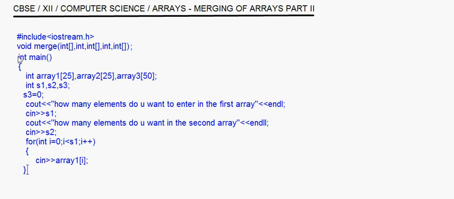And now another for loop, for int j is equal to 0, j less than s2, because that is the size of the second array, j plus plus, and here you write cin >> array2[j]. So here we have taken the input of the two arrays.